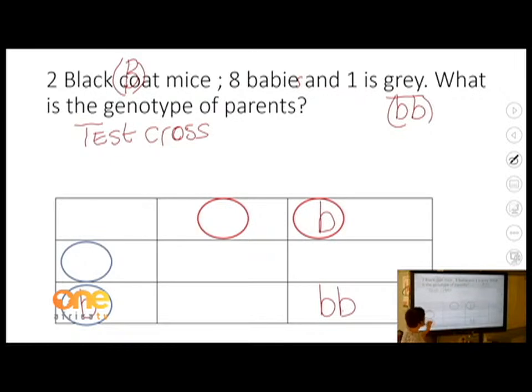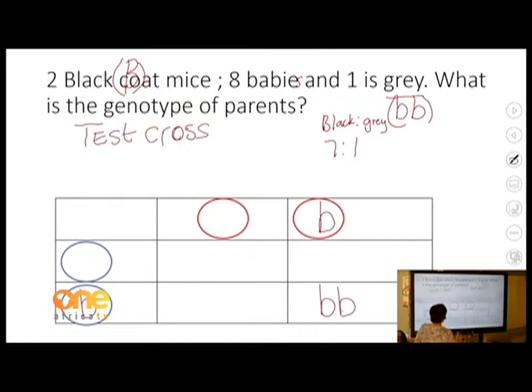If there is one gray baby, there must be a gray b from both parents. If I look at 8 babies and 1 is gray, it means 7 are black, and the parents are black.